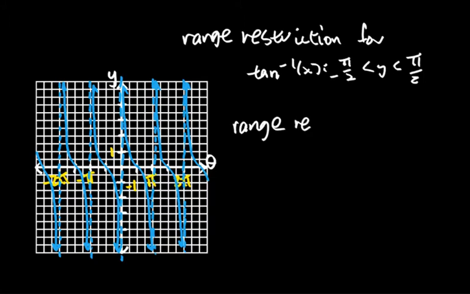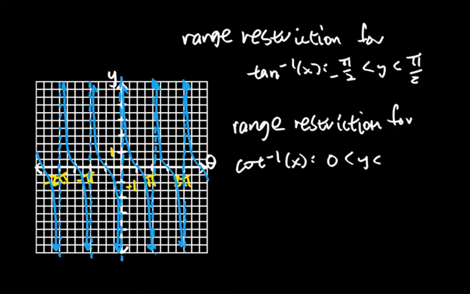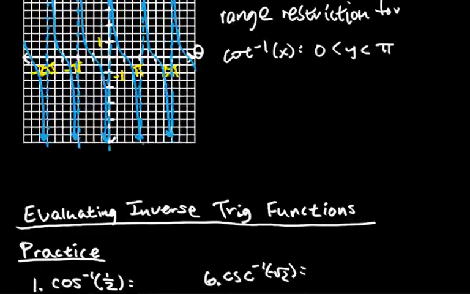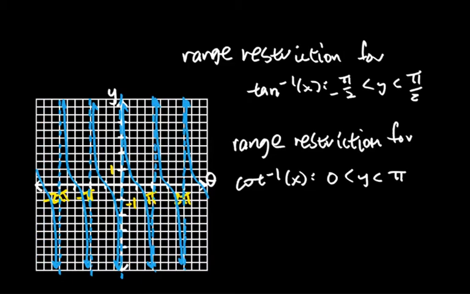So the range restriction for cotangent inverse is 0 to pi. So make sure that you are aware of those so that when you're doing these, you'll be able to get the correct values. Because, yes, you will be marked wrong if you are getting the wrong values. Because, well, obviously it's wrong. So, yes, be aware.